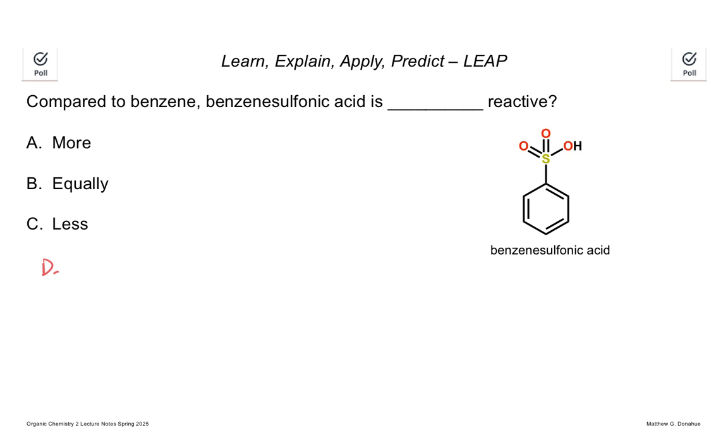It's the same concept. So if I take that pi bond and do that, I can show a resonance form. That puts a plus charge on sulfur, and so now that's going to be an electron withdrawing group.